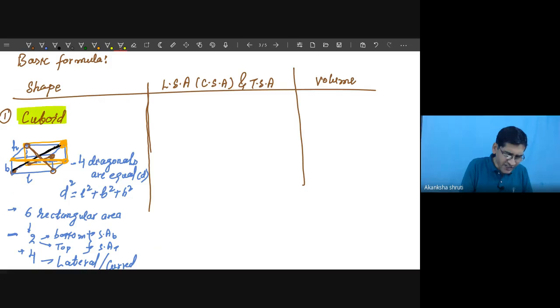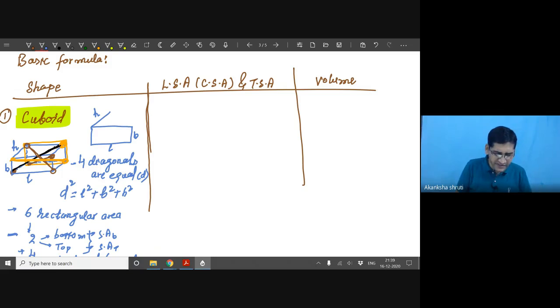cuboid, we are interested. So in this cuboid, we are getting that if the rectangular side length and width is projected up to certain height h, we can get it. So for this, the surface area can be obtained by adding the surface area of each of the rectangles.